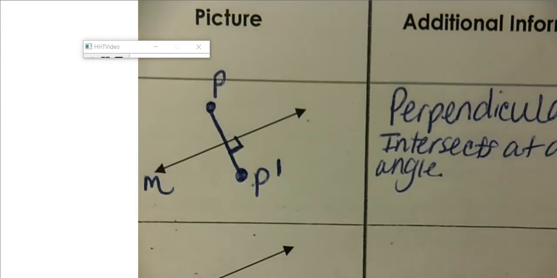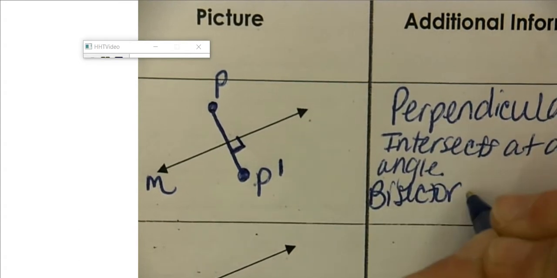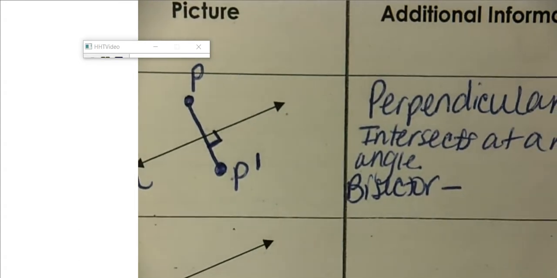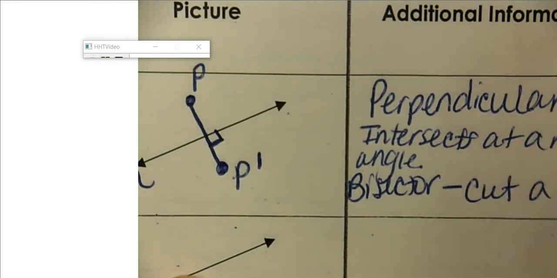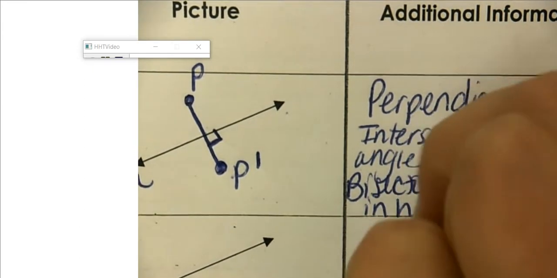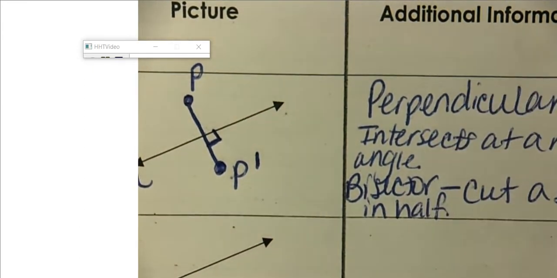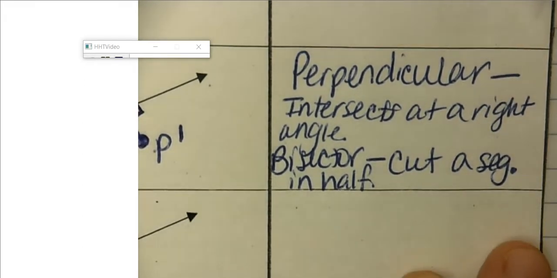The other word is bisector, and we learned about bisectors before. A bisector means to cut a segment in half. So we cut a segment in half. What does that mean?